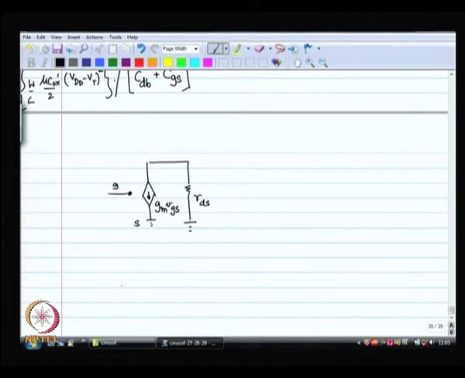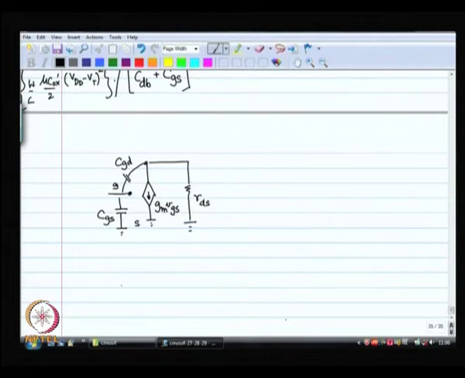Okay. What about capacitors? As far as capacitors are concerned, I have got a gate to drain capacitance. This gate to drain capacitance is really the sum of the gate to drain capacitance of the NMOS and the PMOS. I have got a gate to source capacitance, which is again the sum of the gate to source capacitance of the NMOS and the PMOS.